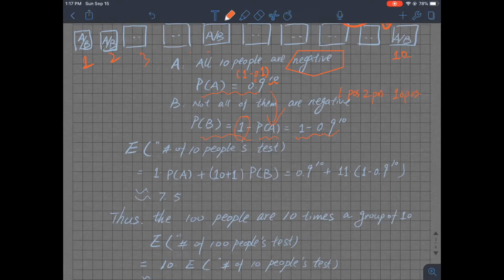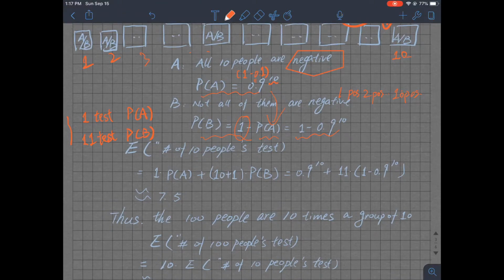As we analyzed, there are two scenarios here. One is 1 test, and the other is 11 tests. The probability is PA for the first and PB for the second.